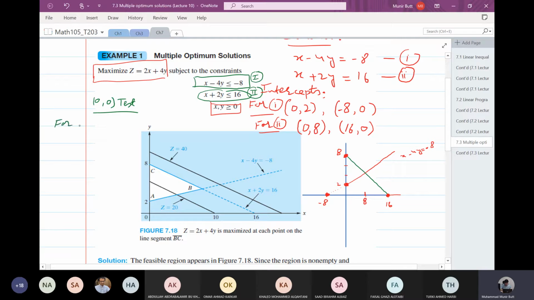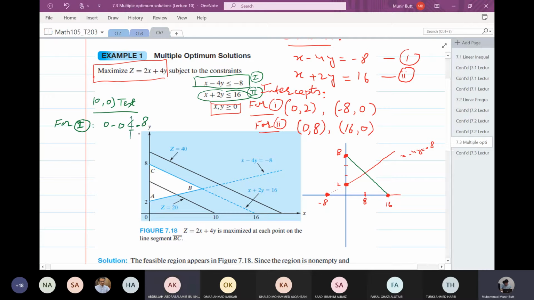So for 1, we put 0 minus 0. Is it less than minus 8? Is 0 less than minus 8? I'm asking. Bigger than minus 8. No, it's greater than minus 8.